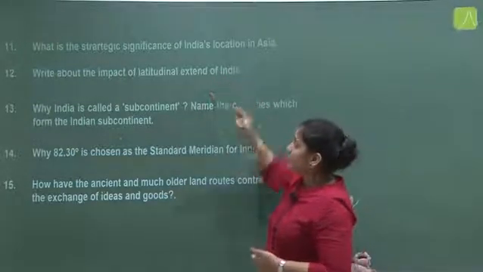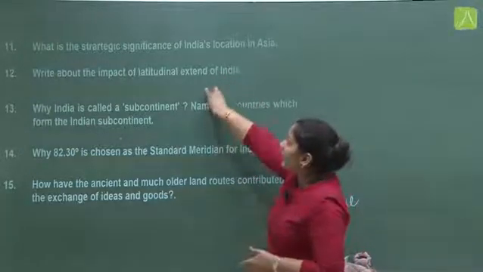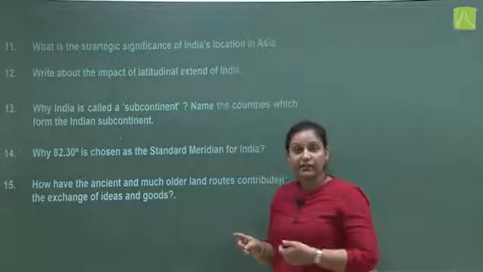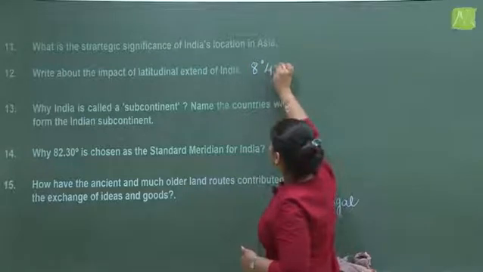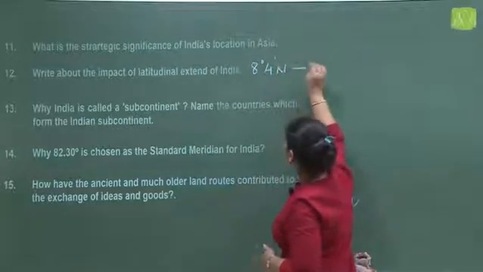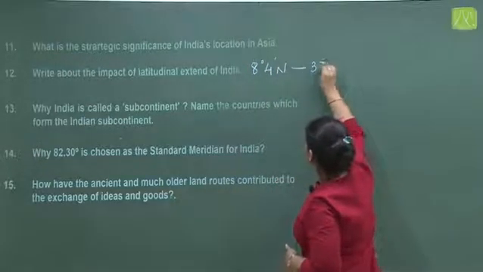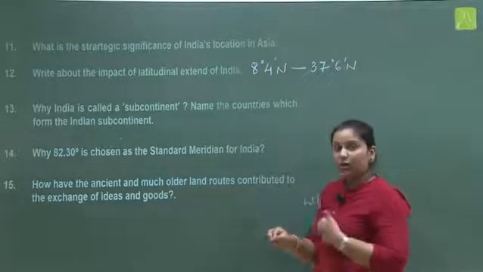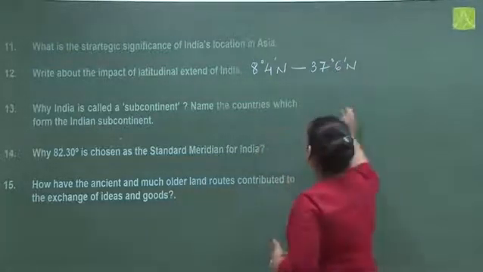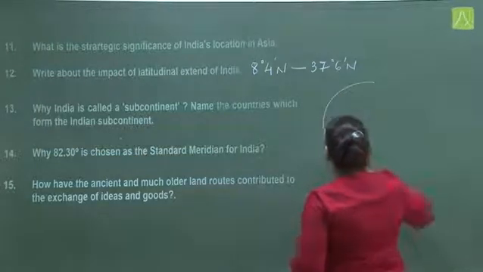The next question is, write about the impact of latitudinal extent of India. We already know that the latitudinal extent of India is 8 degrees 4 minutes north to 37 degrees 6 minutes north. Now, what difference does this create? Where will you see this difference?